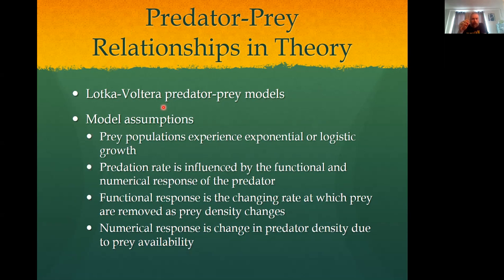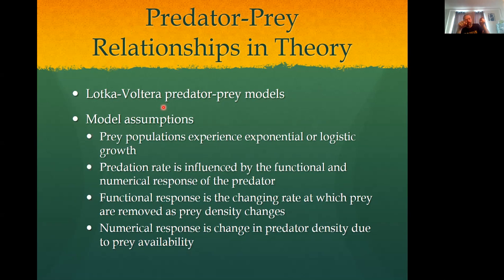And within these models, what we end up getting is an offset cycle, right? As prey populations rise, predator populations will also rise, but lagging behind a little bit. And as we get more predators, we start to lose prey.